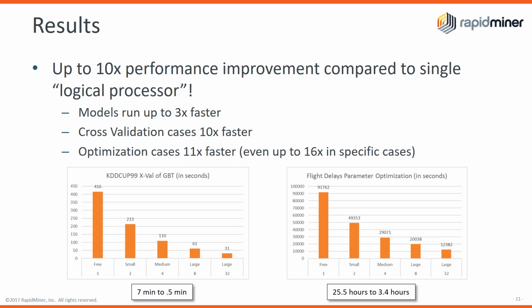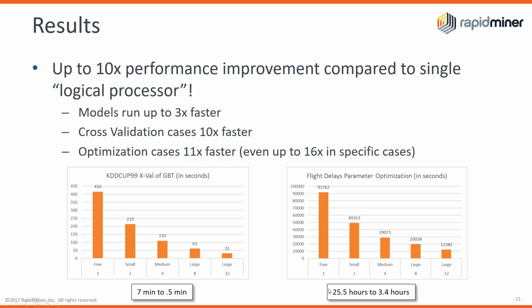And these are some of the results. We can get up to 10 times better performance and improvement compared to a single logical processor. So this is obviously related to the licensing level, which allows a number of cores to be used. In some cases, for example with gradient boosted trees, we can get from 7 minutes to 30 seconds.